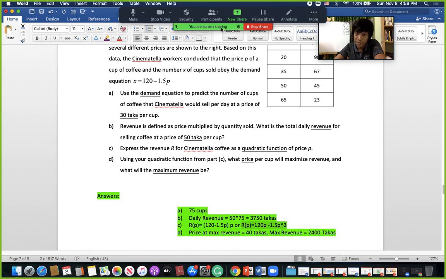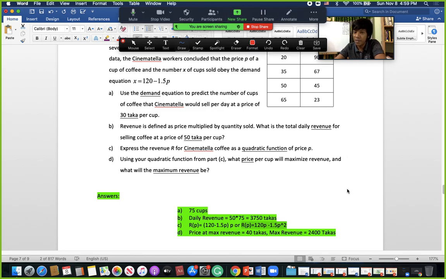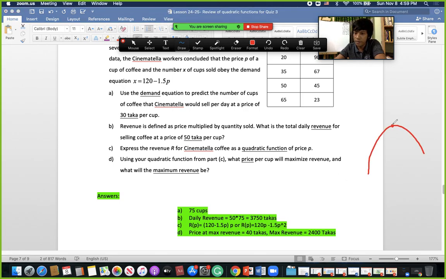And you know that the maximum actually gives us the vertex. We know that the graph will be like this, because this sign is negative. You can see that this sign is negative. This is the square, so the x squared term is negative, so the graph will open downward, and the vertex will give us the maximum. If you try to draw the graph, this side will be the revenue and this side will be the cups of coffee.